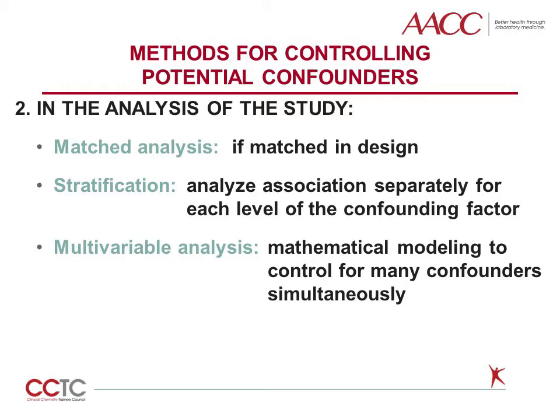Multivariable analysis is mathematical modeling to control for many confounders simultaneously. So for stratification, you break down your overall association by levels of one confounding factor. In a multivariate analysis, you put it into a model to look at the relationship between the exposure and the outcome, controlling for all the confounders that you put in the model.